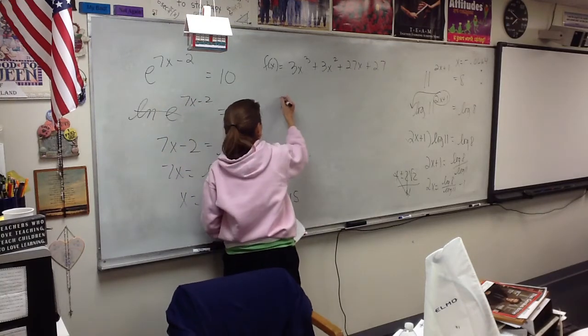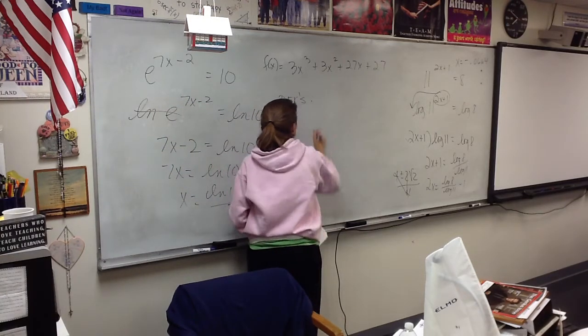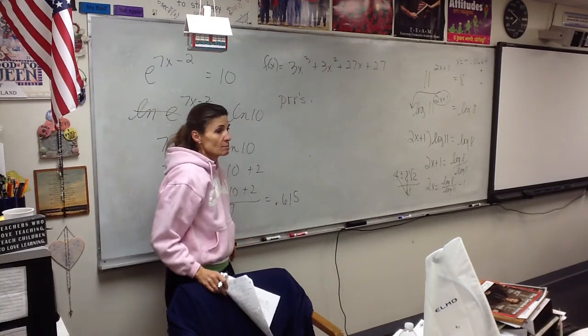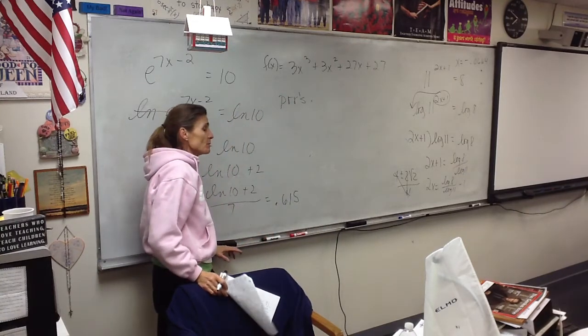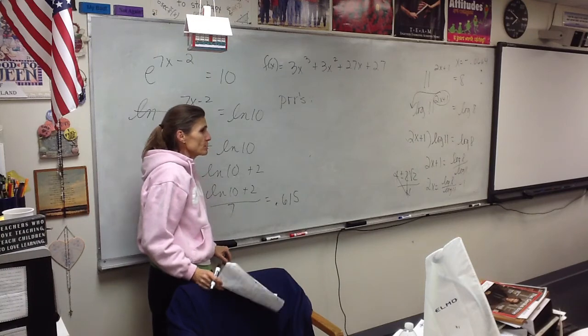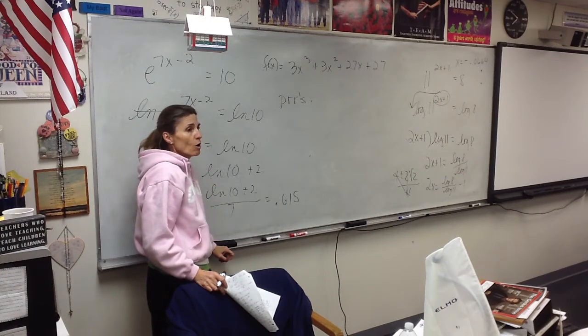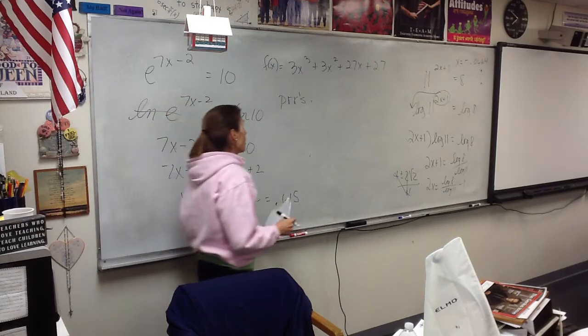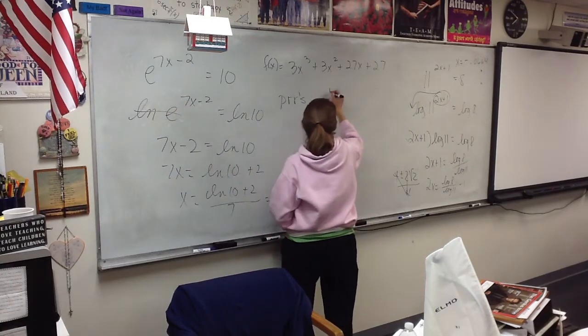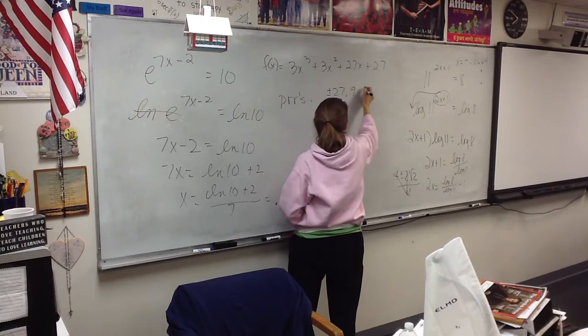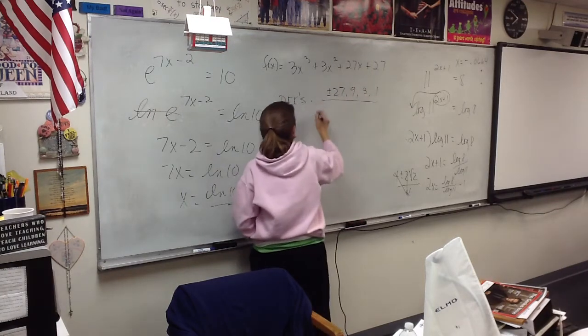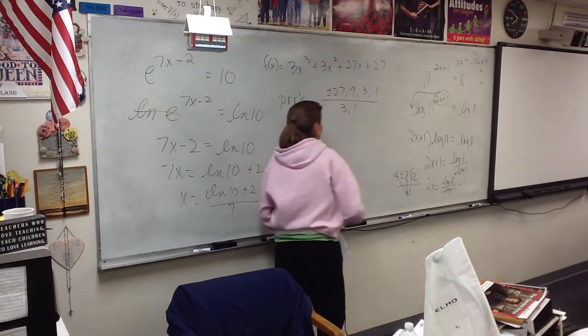So the possible rational roots, my class refers to those as PRRs. Some of the rest of you might call it P over Q or something like that. We're looking for all of the possible rational roots. Those are factors of 27 over factors of 3.